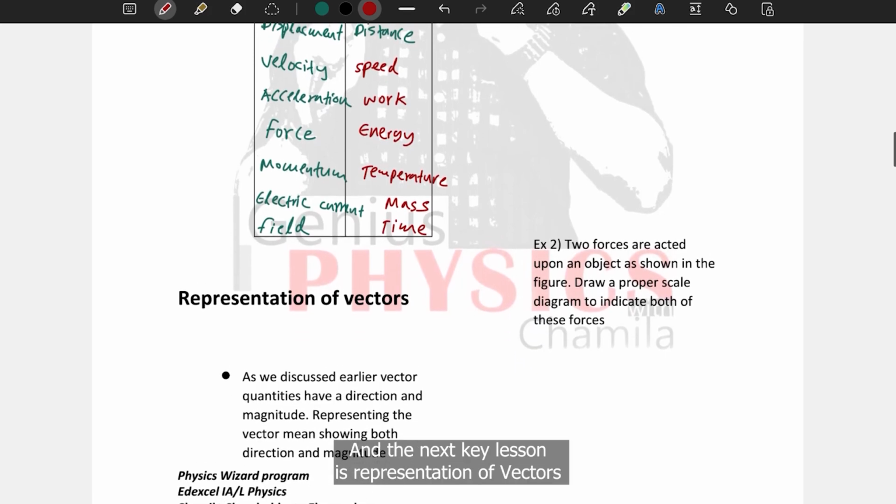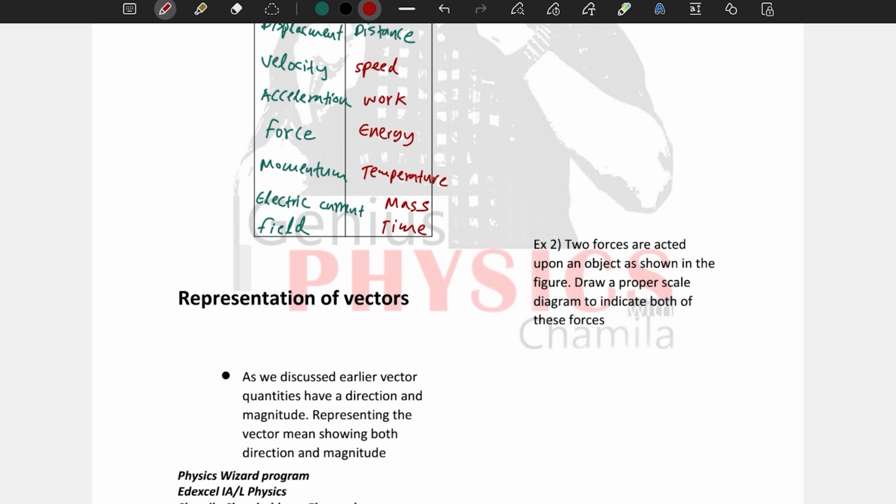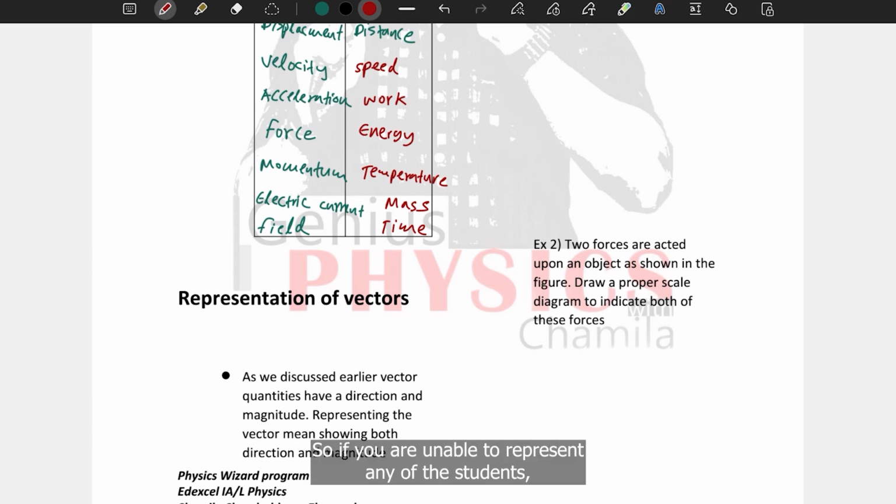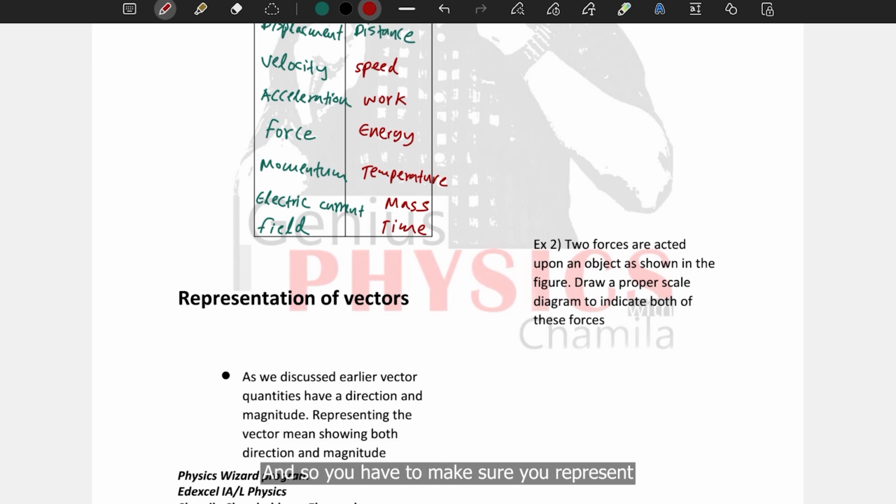And the next key lesson is representation of vectors. This plays a vital role. It's a very important key lesson because we already know a vector has two important identities, the direction and a magnitude. So if you are unable to represent any of those things, you're not capable of representing both of this information.